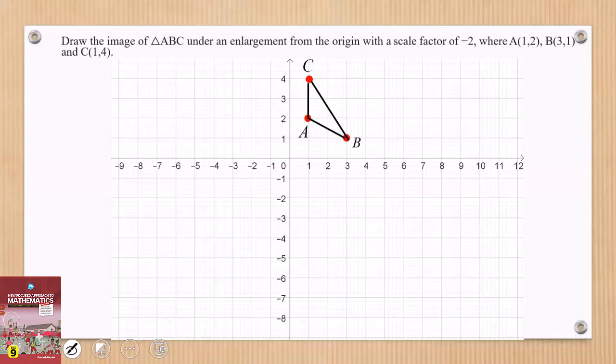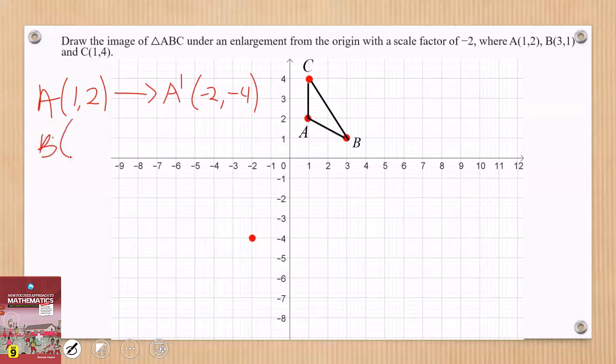So we want to draw the image of ABC to form A prime, B prime, and C prime. If the original A is (1, 2), its image A prime would be times -2, giving us (-2, -4). Then we plot (-2, -4), which is going to be here. Then we want to plot B prime. Original B is (3, 1). Its image B prime: 3 times -2 gives us -6, and -2 times 1 gives us -2.